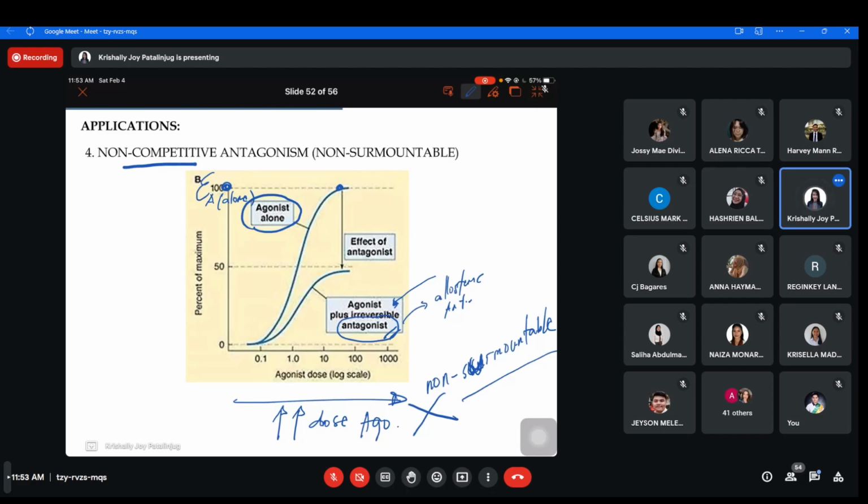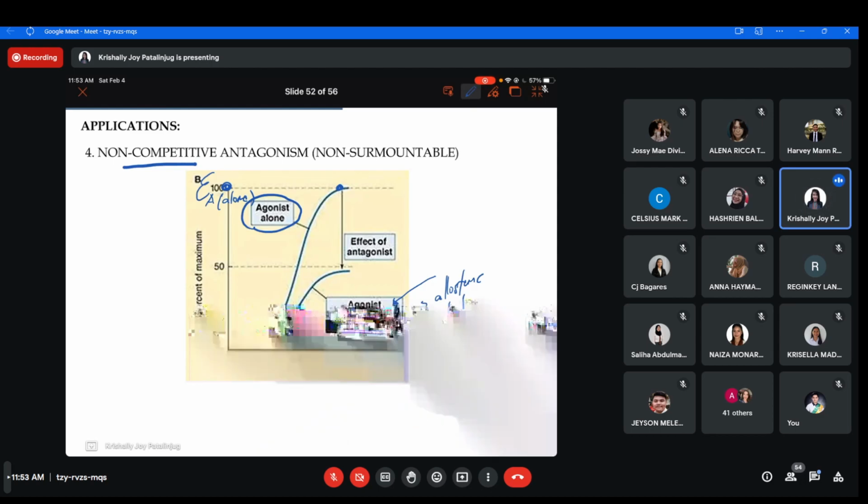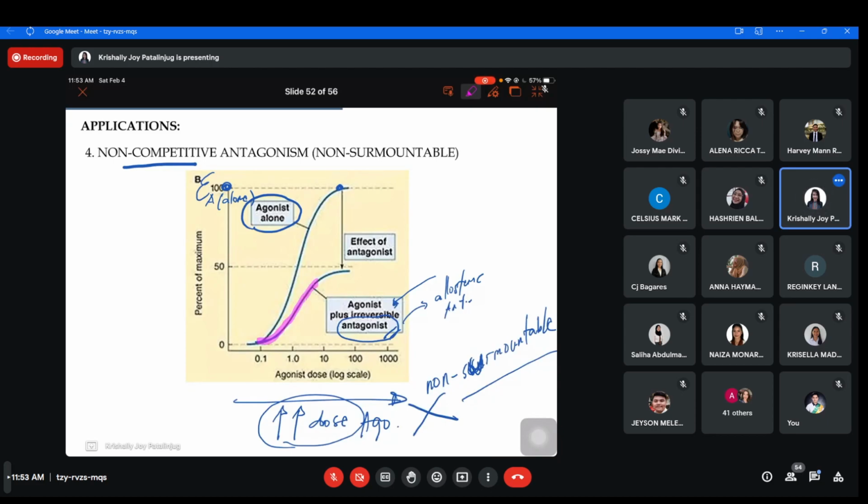So let's try to increase the agonist. Tingnan, kaya medyo nag-shift, di ba? May shifting to the right. But look at the efficacy. Even though you increase the dose of the agonist, you cannot surmount anymore the effect of the antagonist. You cannot completely overcome anymore the effect of the antagonist. So that's the graphical representation naman if it is non-competitive.